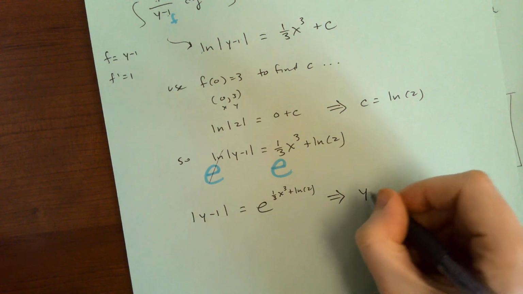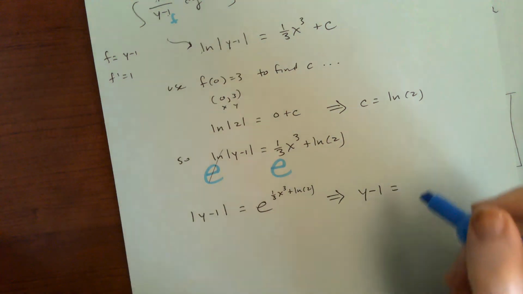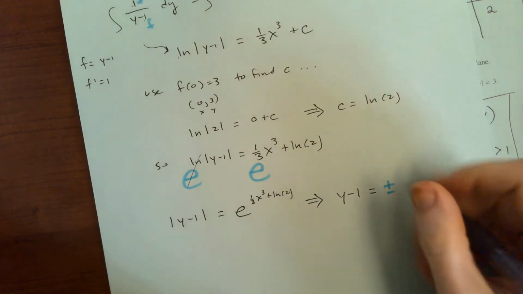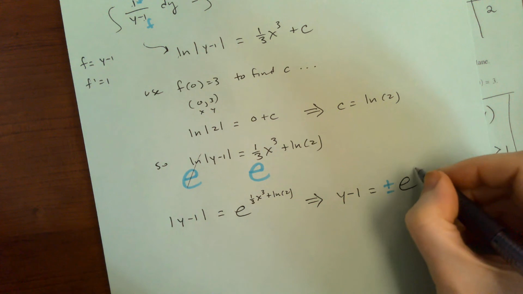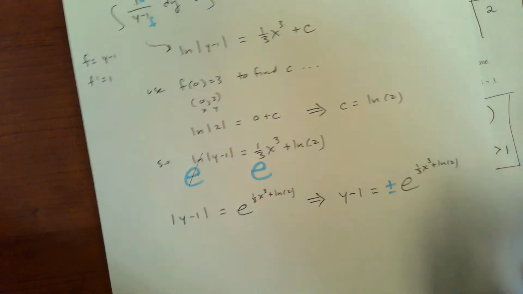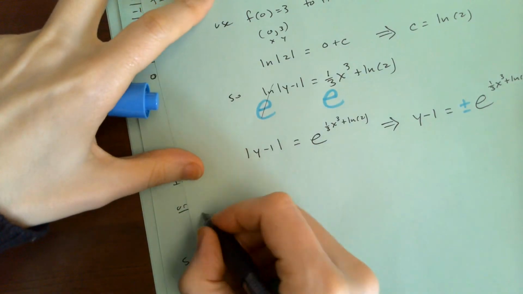Then, to drop the absolute values, you've got to go plus or minus this 1/3 x cubed plus natural log of 2. Now we've got to decide if it's the plus or the minus. It can't be both. So we're going to use the initial condition.